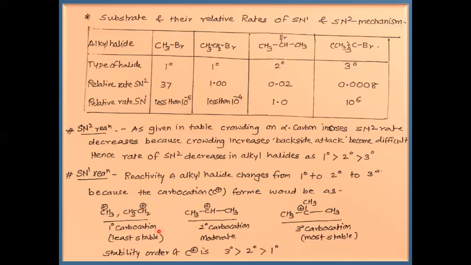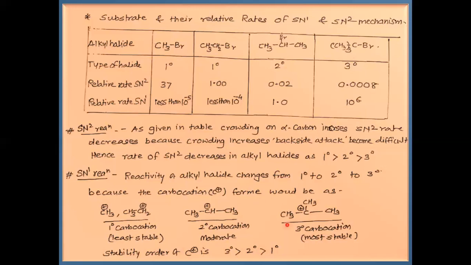Now if we see the stability order of carbocations, tertiary carbocations are more stable than secondary, than primary.